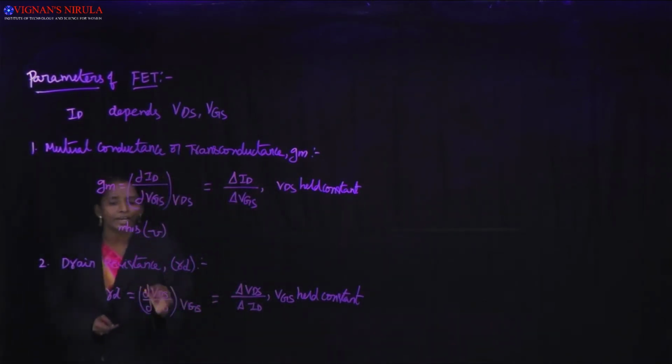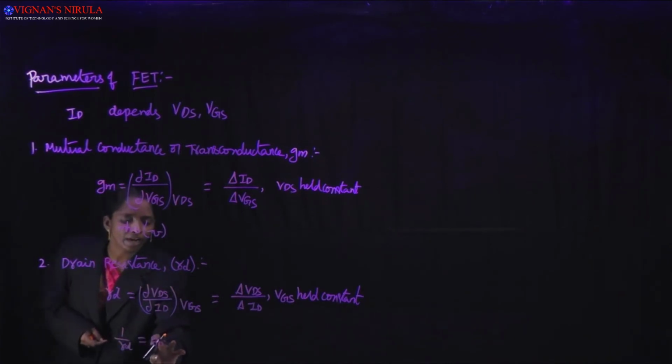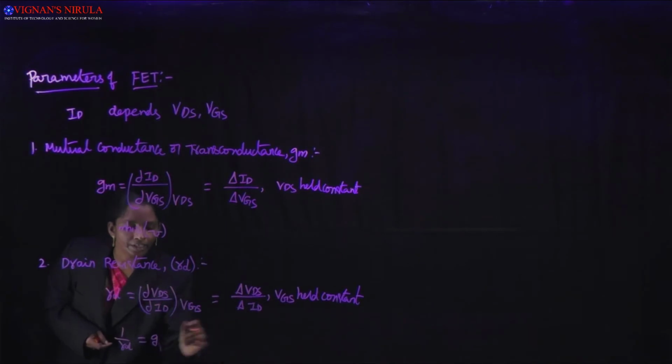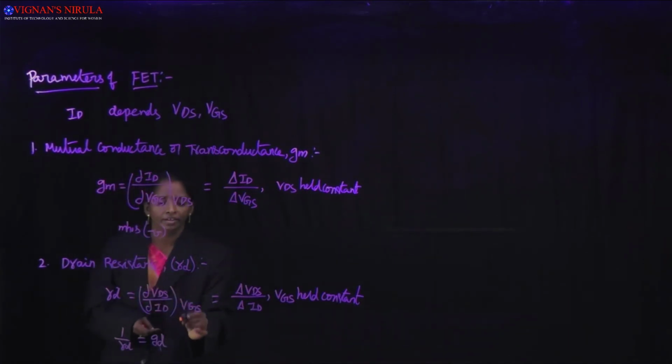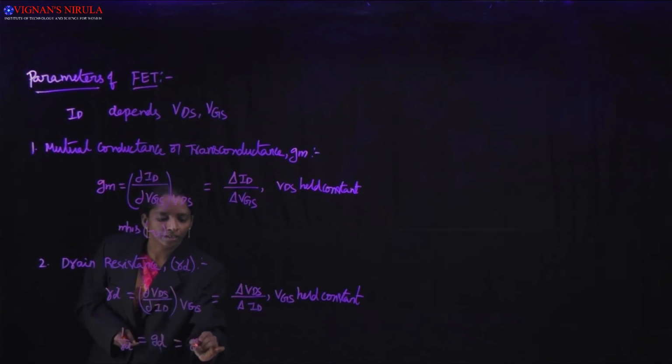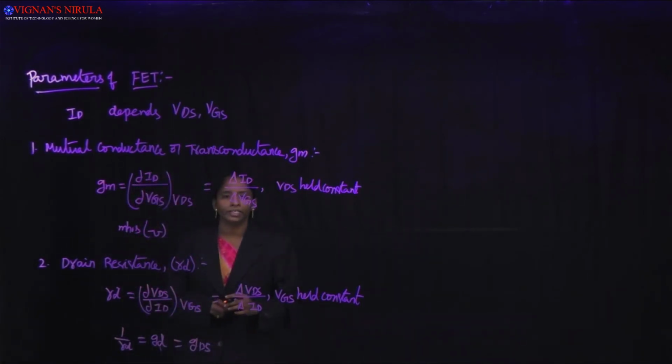We can write 1 by RD as GD. Here GD means drain conductance. It is also written as GDS, drain-source conductance.